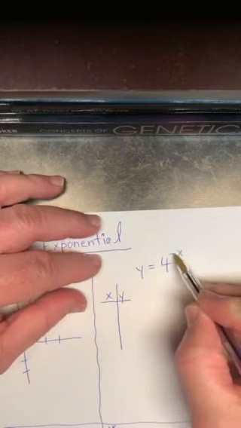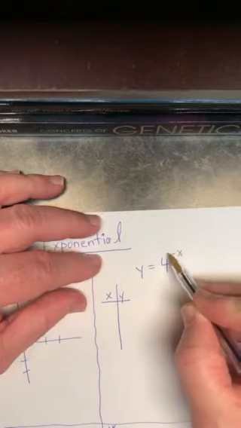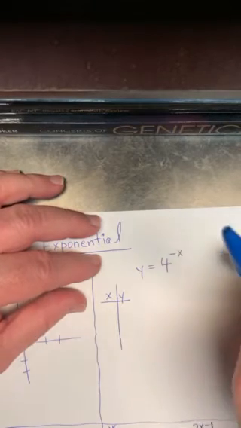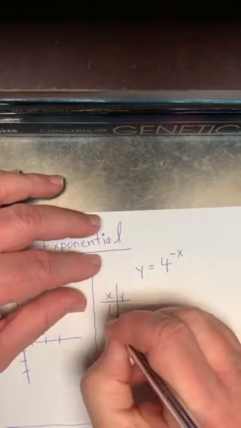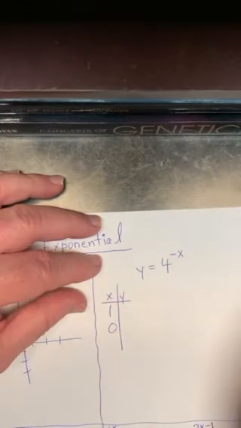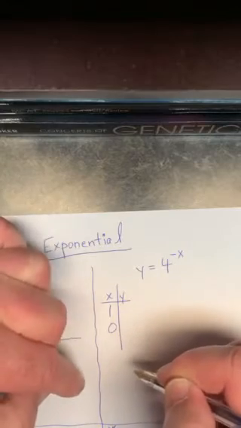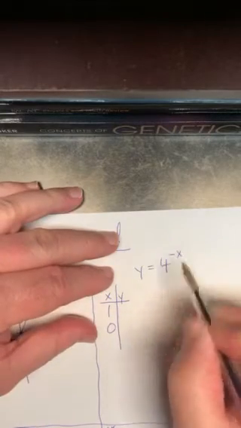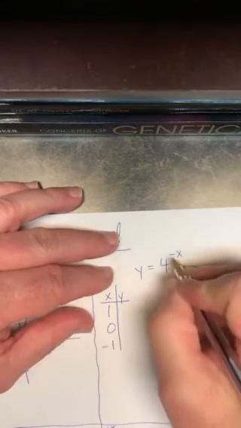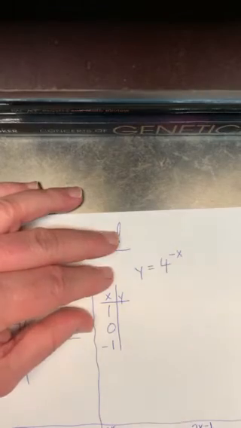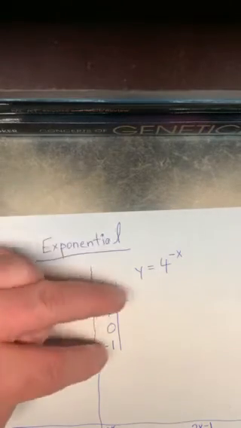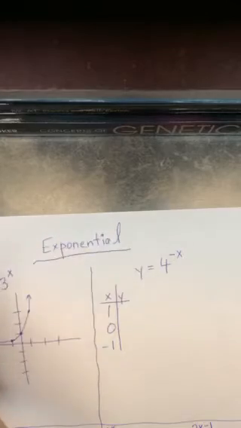So since there's a negative here, and we want this first exponent to be a -1, wouldn't that mean we just plug in 1, then 0? And then if we want the third exponent to be a 1, wouldn't we plug in -1? Because -1 would turn it into a 1.